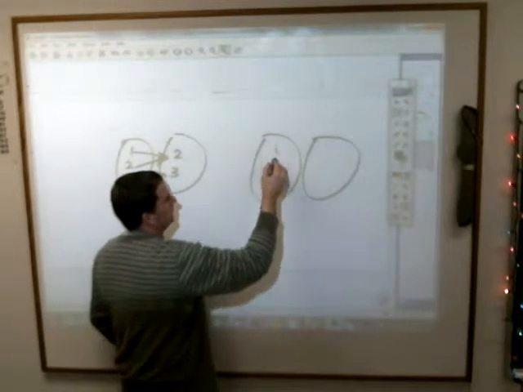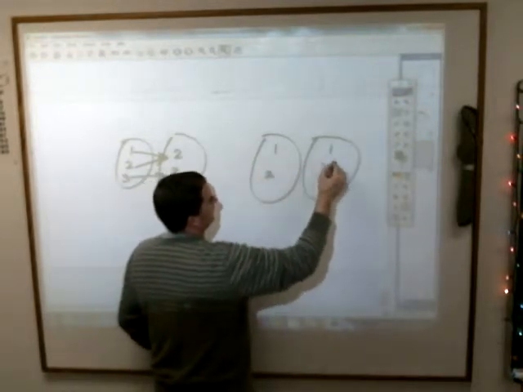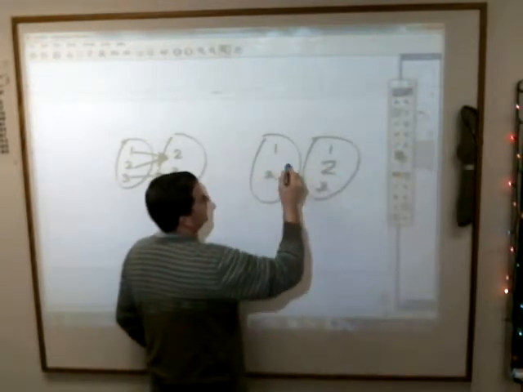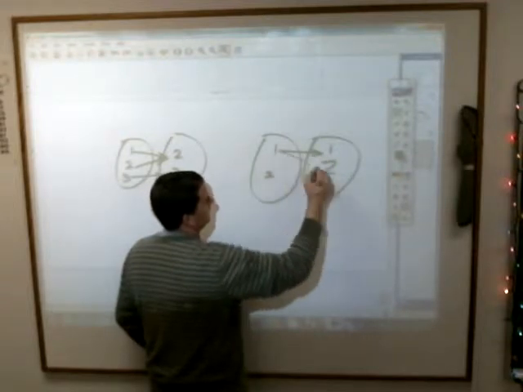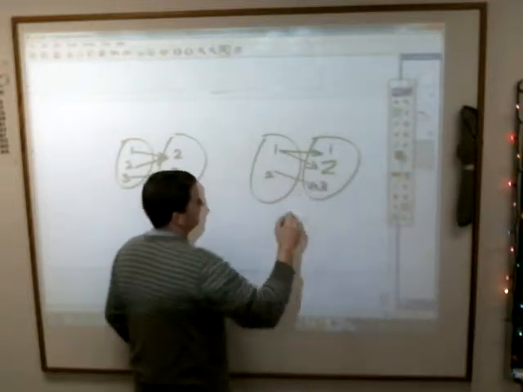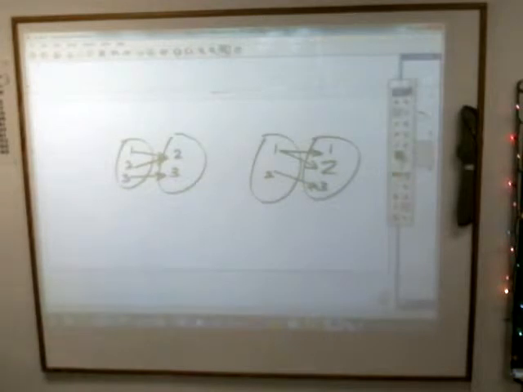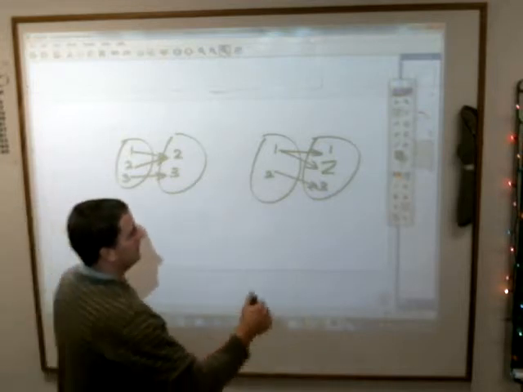And let's say you've got 1 and 2, 1, 2, 3. One of them is a function, one of them is not a function. That's where it gets a little goofy, but you got to think about it just a bit.